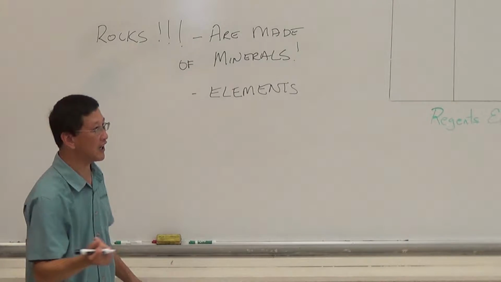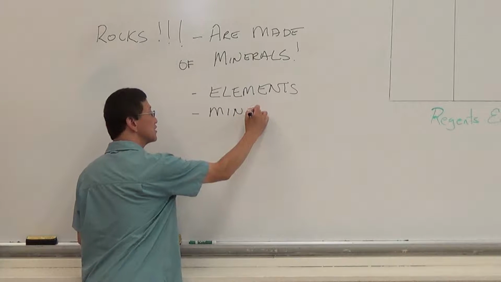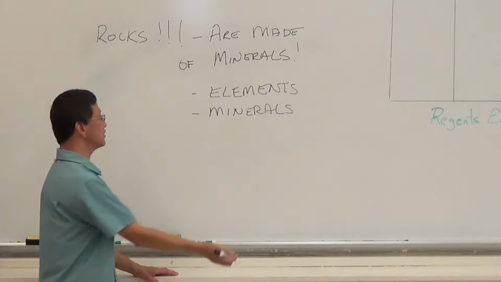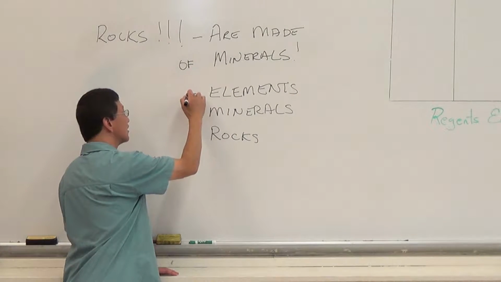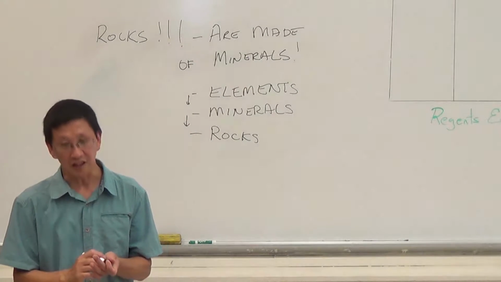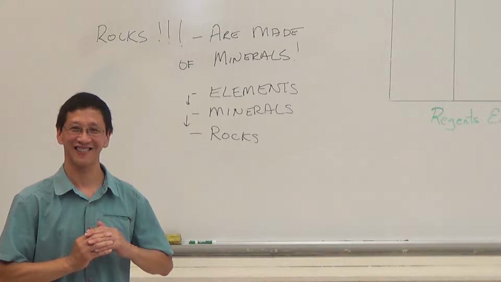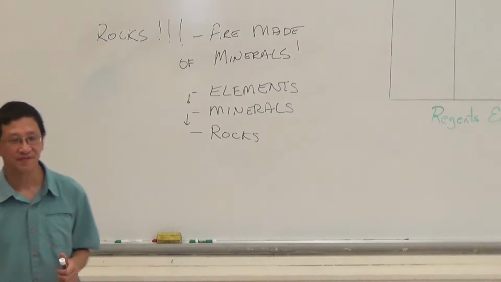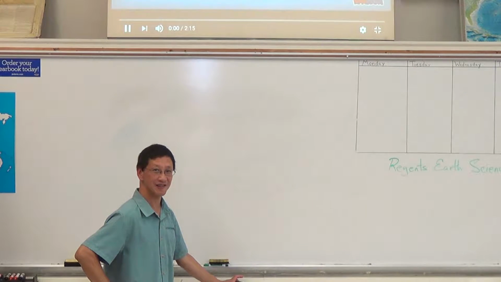Certain elements combine and they can make minerals. A combination of minerals becomes rocks. Since minerals are the building block of rock, we got to look at minerals first. So we're going to start with minerals.